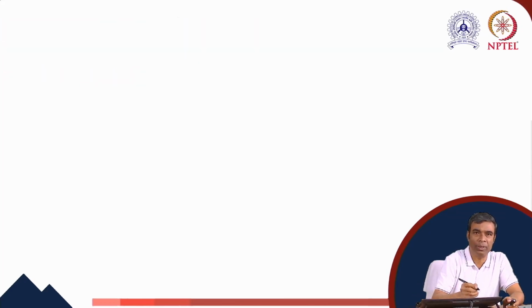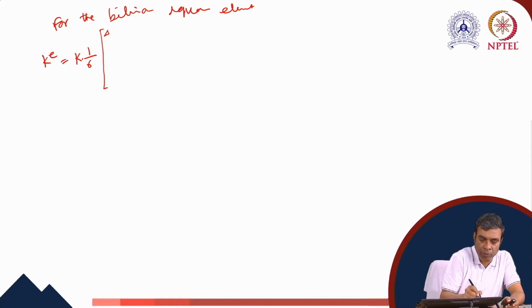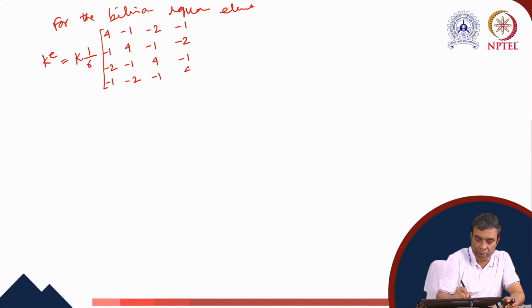For the two-dimensional Poisson equation of heat conduction using bilinear quadrilateral square elements, the element level matrix which we have calculated can be represented, for the bilinear square element, as Ke equals K into 1 by 6 into [4, -1, -2, -1; -1, 4, -1, -2; -2, -1, 4, -1; -1, -2, -1, 4].